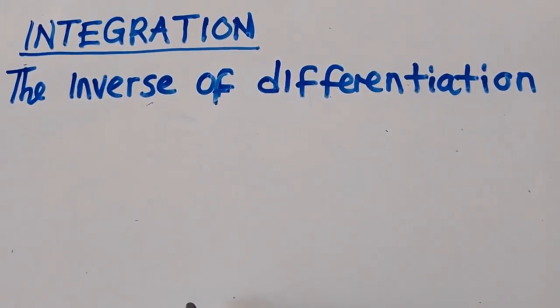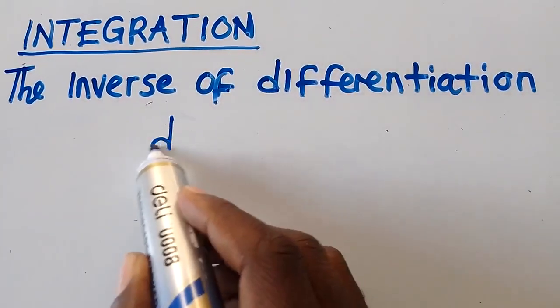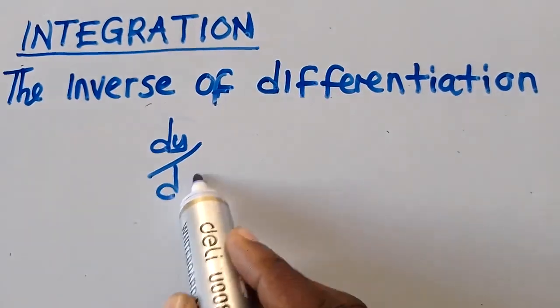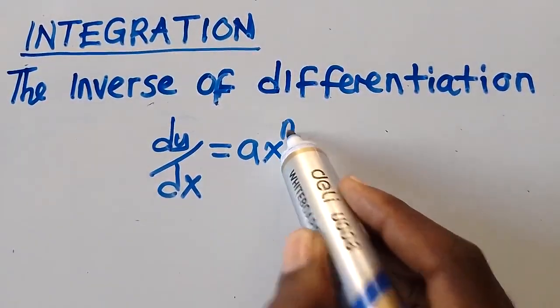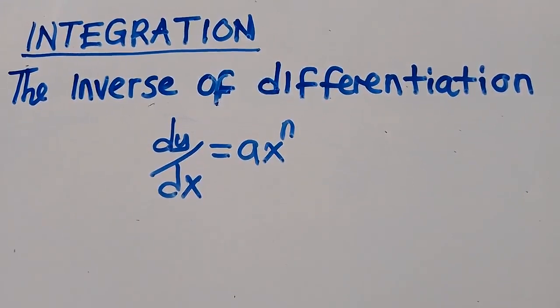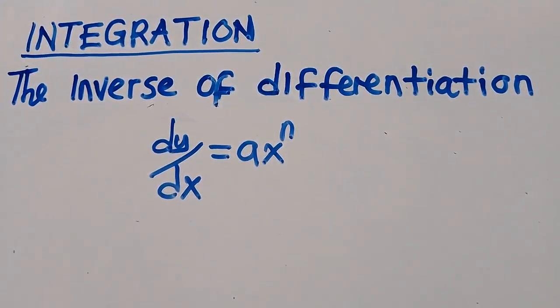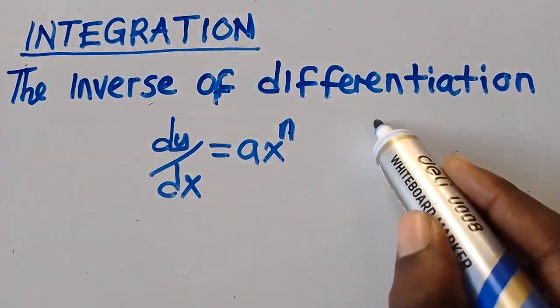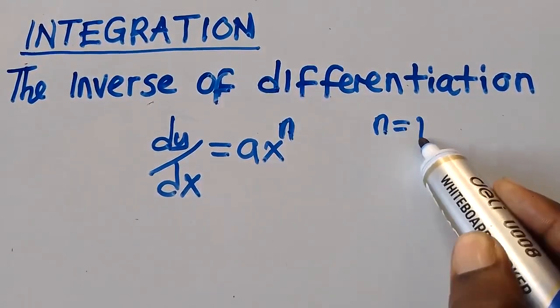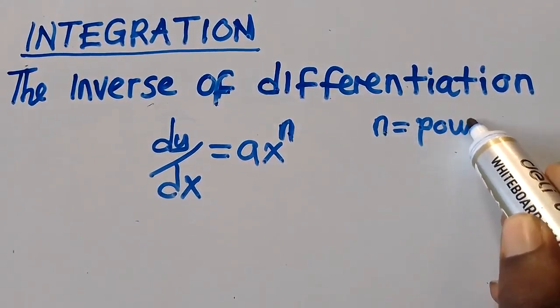So each time you've got a function like dy/dx = ax^n, this is what a function will always be. Then you know that the n there, n is the what? n is the power. These are terms that you need to know.